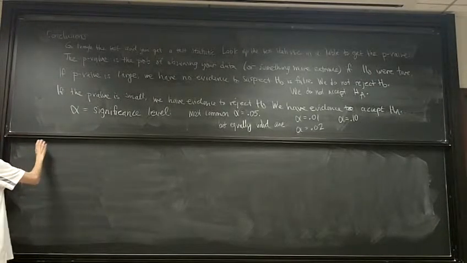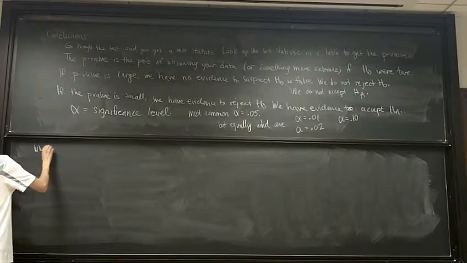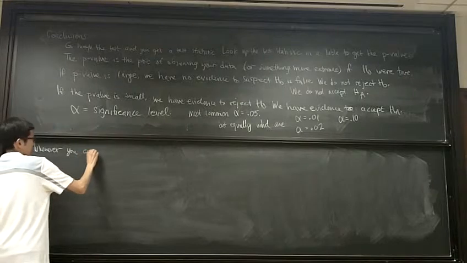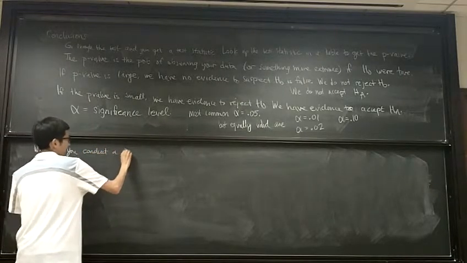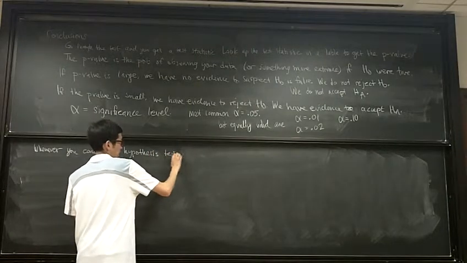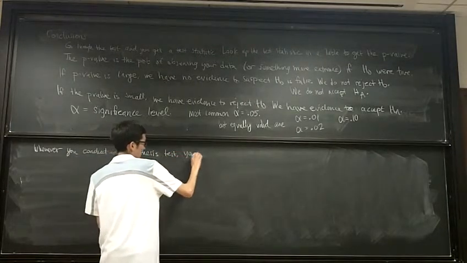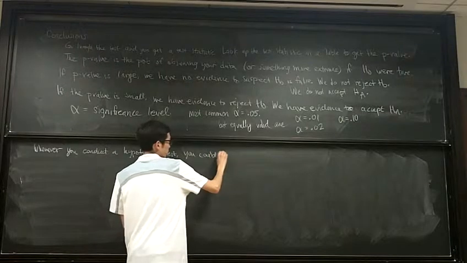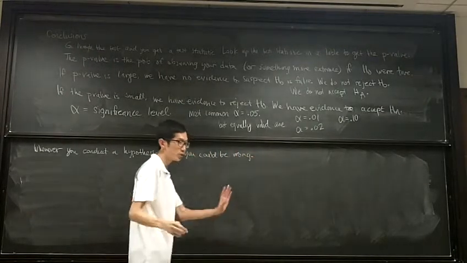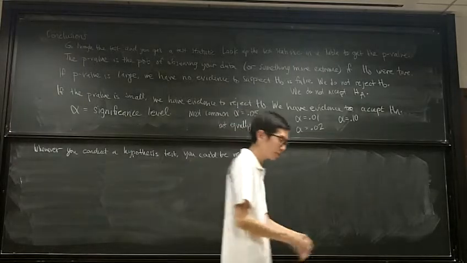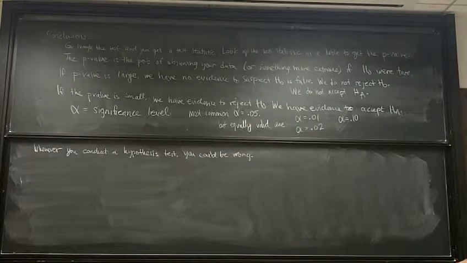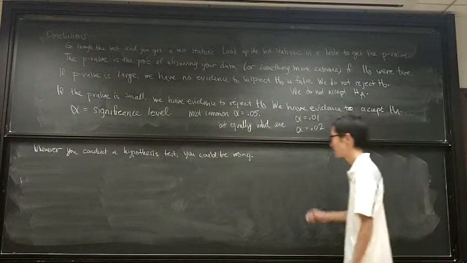There are two ways to be wrong, and we were not creative in naming them: type 1 error and type 2 error.